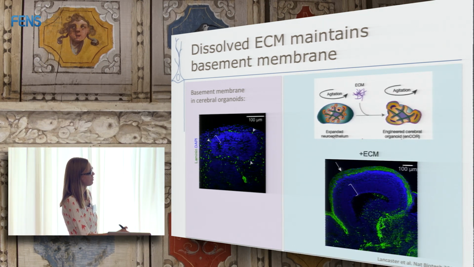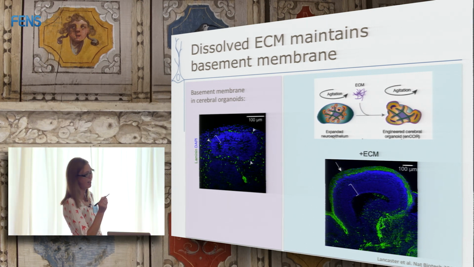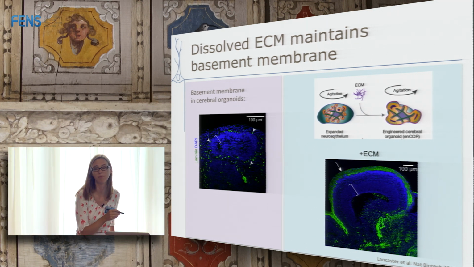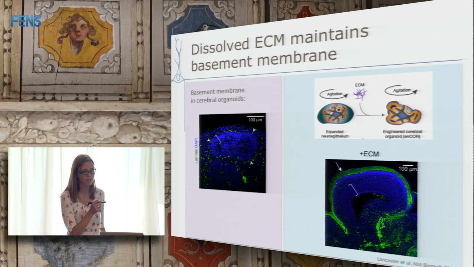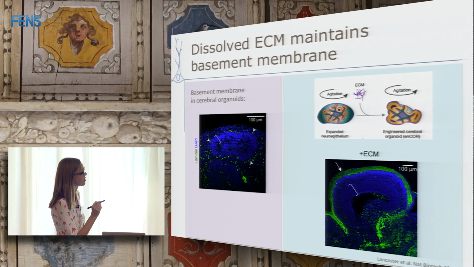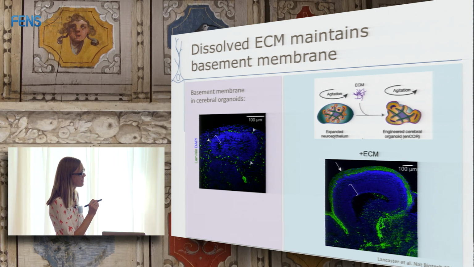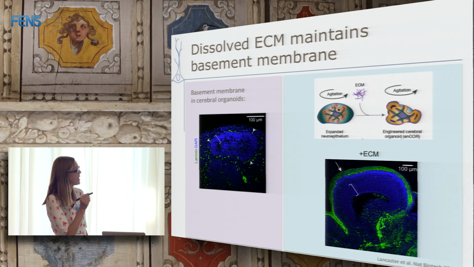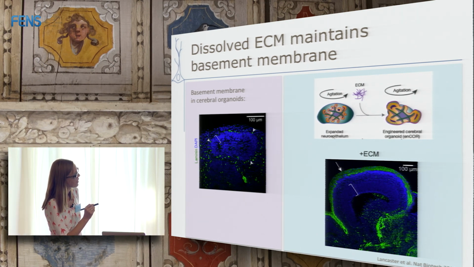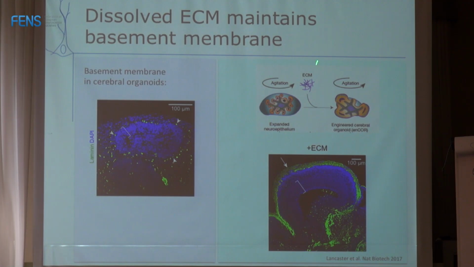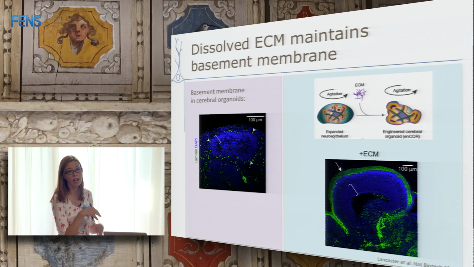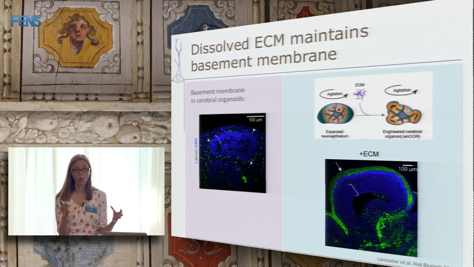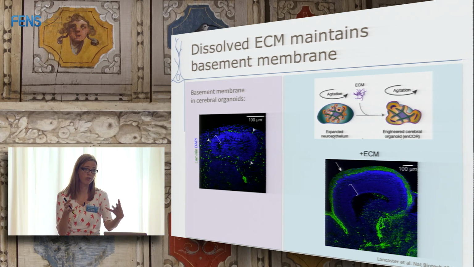We tried a whole bunch of weird things, and it turned out that the simplest experiment worked, and I probably should have done this first. We found that if you just dissolve extracellular matrix components, and the easiest way is dissolving a small amount of Matrigel in the media, then the organoids, and the way this is drawn is probably not very accurate, are treated later, after they have either grown out of the Matrigel, as they sometimes do, or we cut the Matrigel off, or gently pipette them out of it.